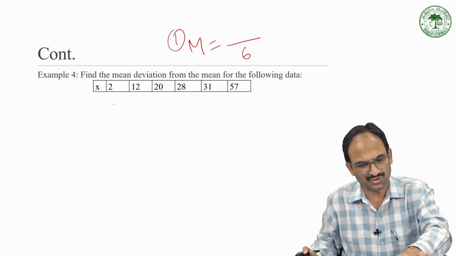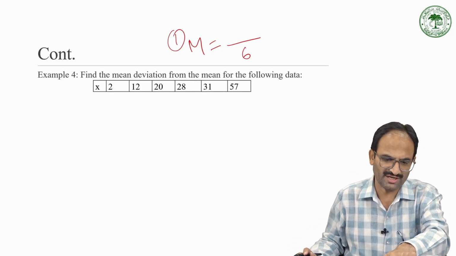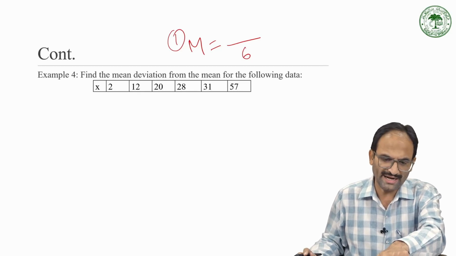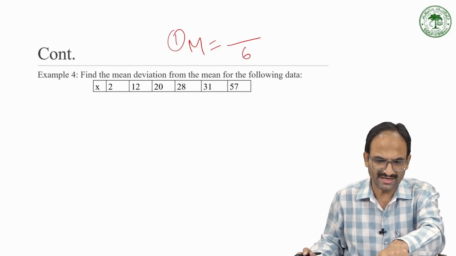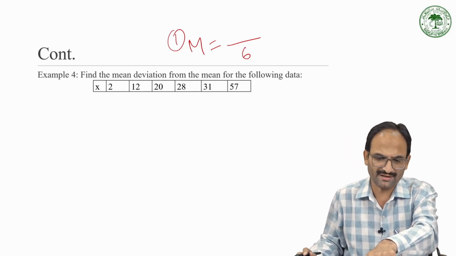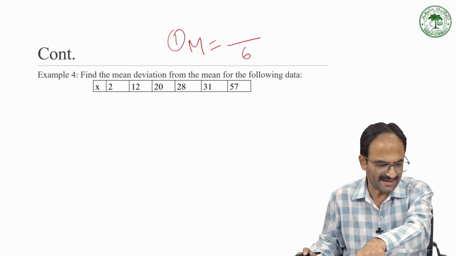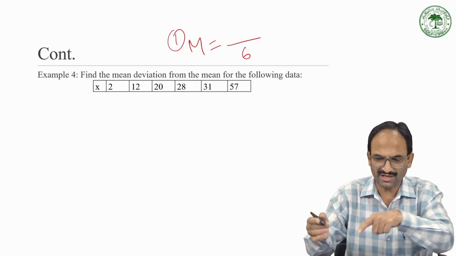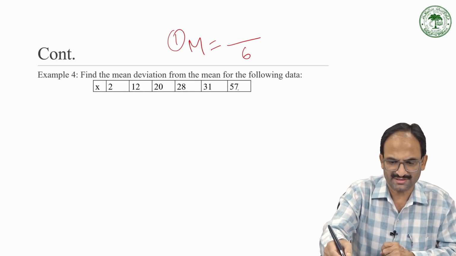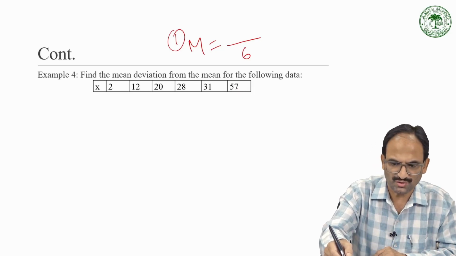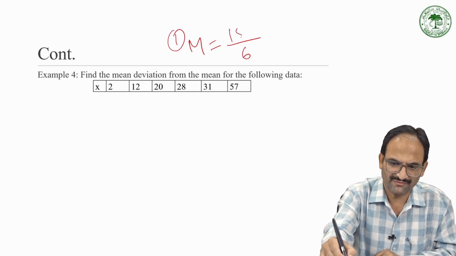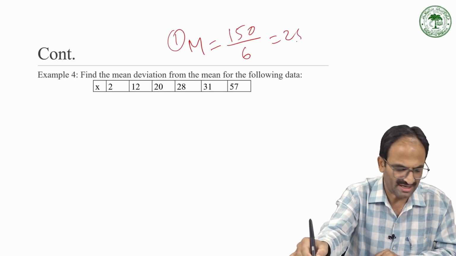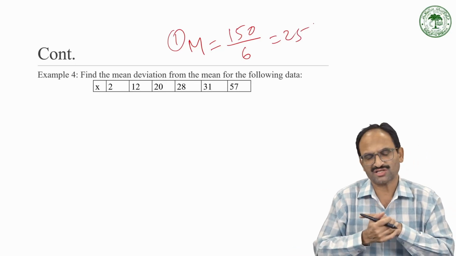So the moment you find the sum: 12 plus 2, 14, 14 and plus 20, that is 34, 34 and plus 28, 62, 62 and 31 is 93 and then 57, so it is 150. So 150 divided by 6, so finally the mean which you are getting is 25.